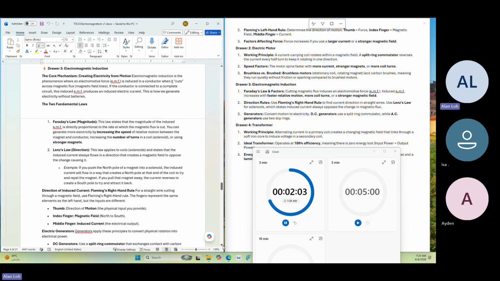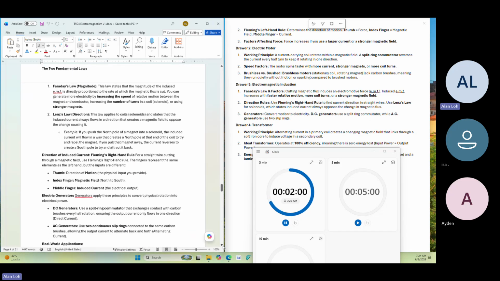Okay, let's scroll down a bit to cover the lower part.